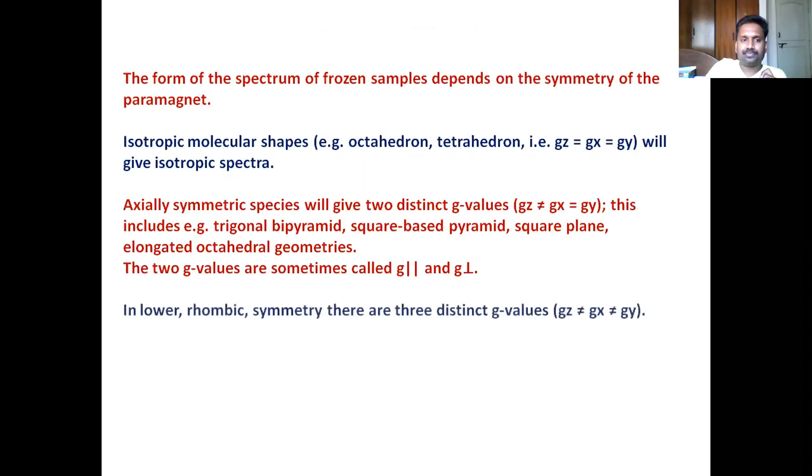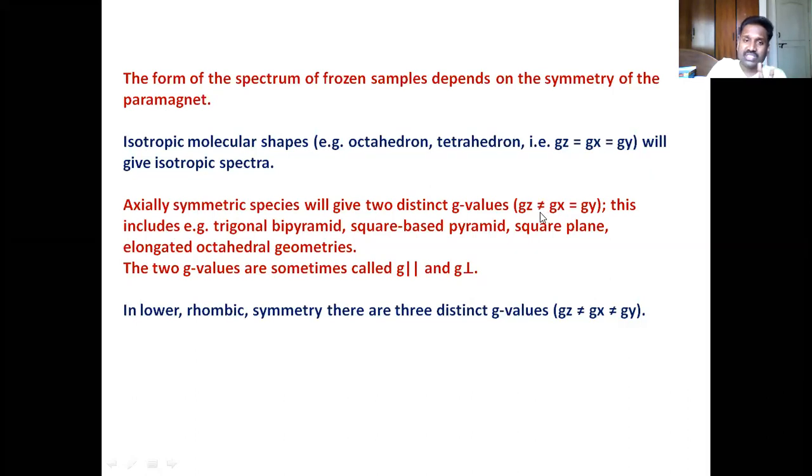So the principal axis values Gx, Gy, Gz become inequivalent. What is the relationship now in axially symmetric species? X and Y are equivalent and both are unequal to Z, Gz.